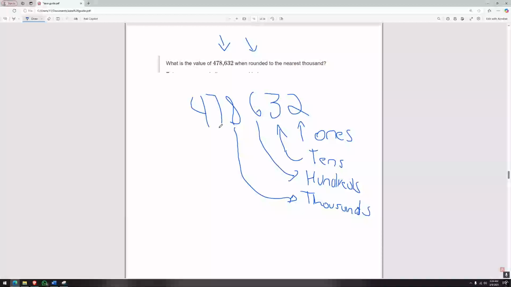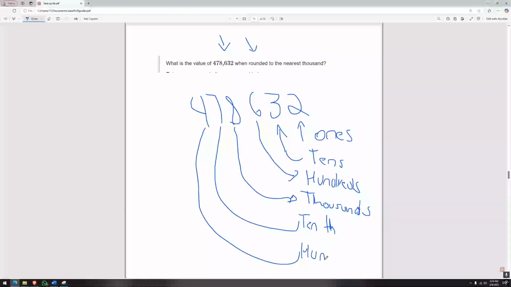Y este es 10 thousands. Es lo mismo que este. Son 10 miles o 10,000. Este is the same, is 100,000 thousands. So, cada uno, every single one of them has a different value.